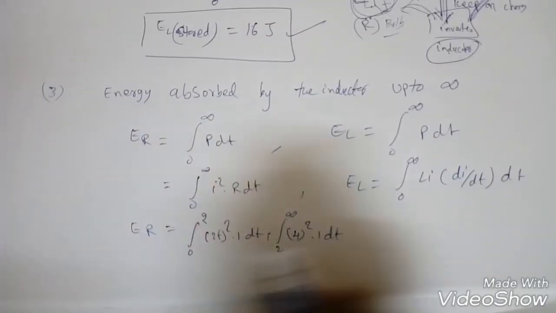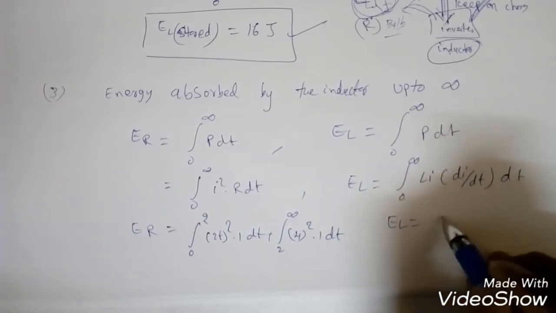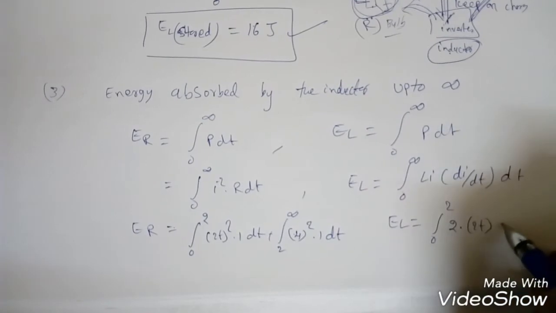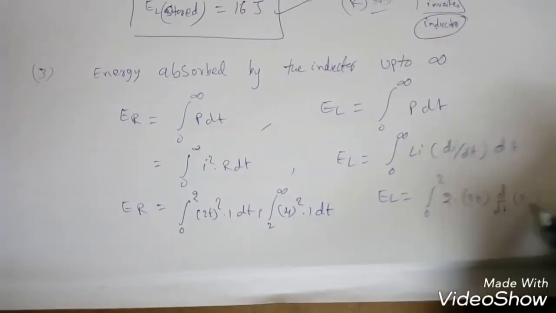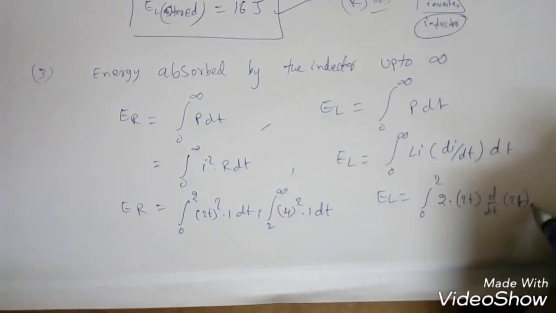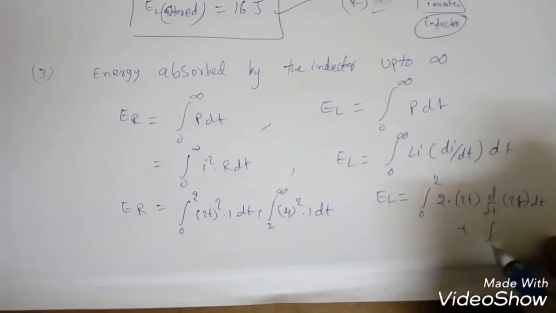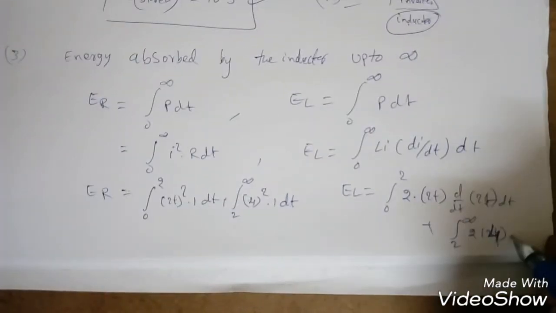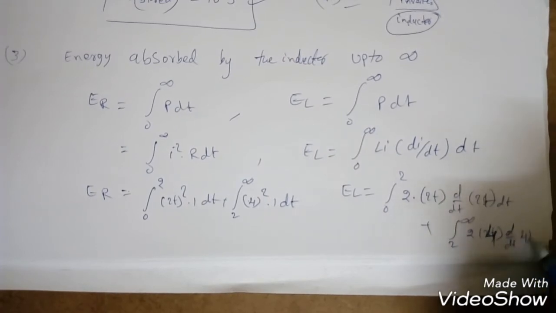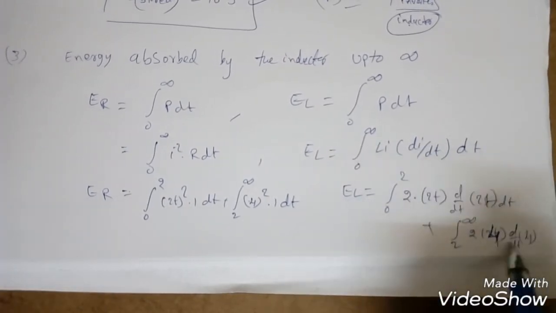This is ER. And EL is from 0 to 2, 2 into 2t into d by dt of 2t dt, plus the integral from 2 to infinity, again 2 into 4 into d by dt of 4, because the current is constant.